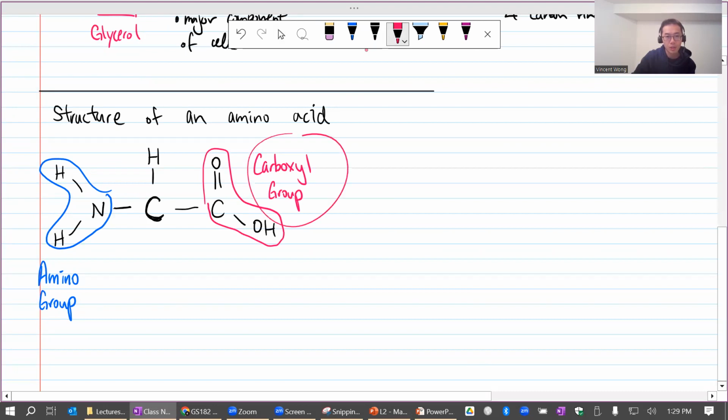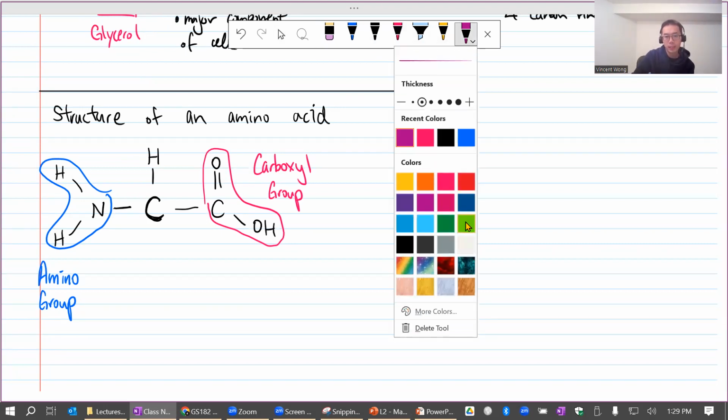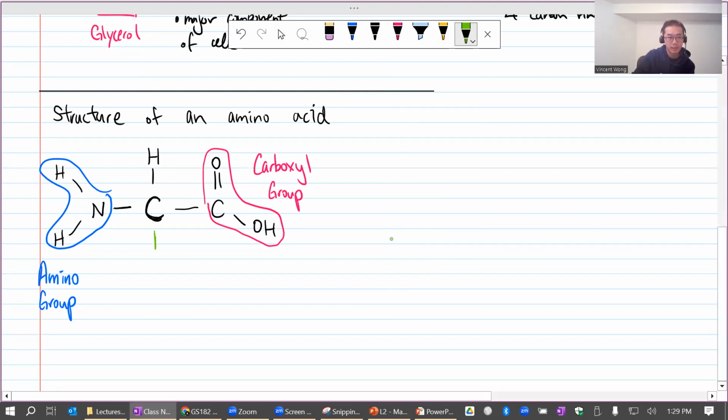Okay. So carboxyl is an acid, amino group is a base. That's why it's called an amino acid. So all the amino acids are gonna have these things, all 20 of them. What makes them different from one another is what we call a side group, side chain. Right?